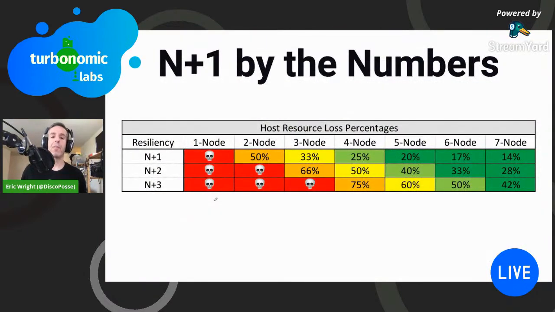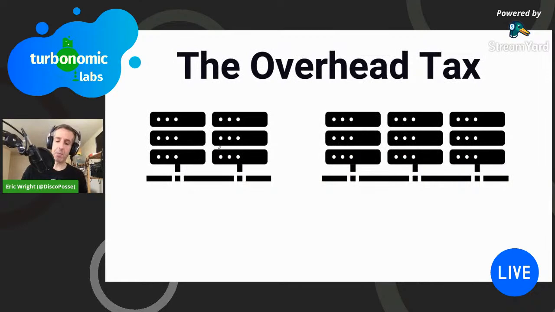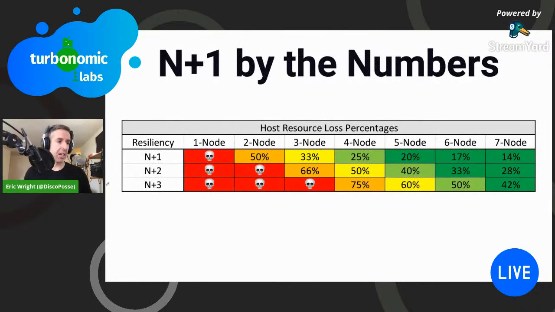So this is the n+1 by the numbers. If I took and I say from anywhere from a 1 to a 7 node cluster. Now, a 1 node isn't really a cluster. Thus, yeah, it's a bad situation no matter how you slice it. So if you take a look, what you're seeing now is at n+1, you're going to end up where you have a real problem if one node goes down, because the whole thing's gone.